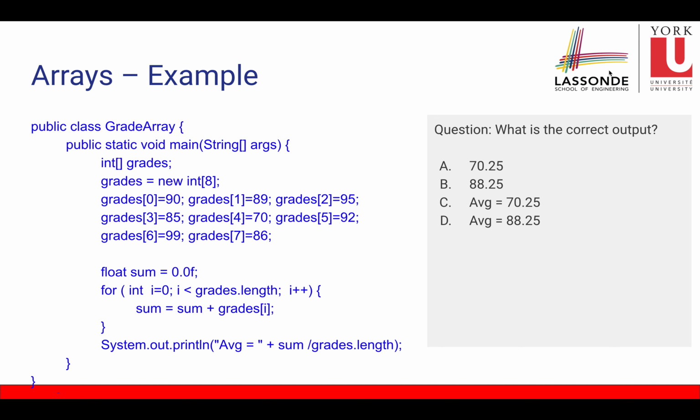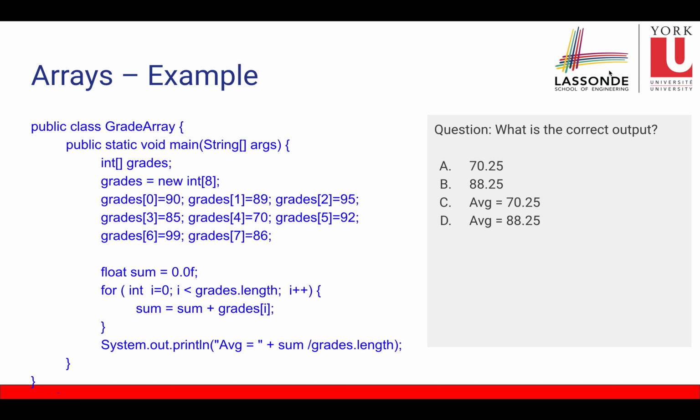So I give you a multiple choice question. What is the correct output for this piece of code? You could pause the video and think about it and guess it, but you don't need to calculate it.